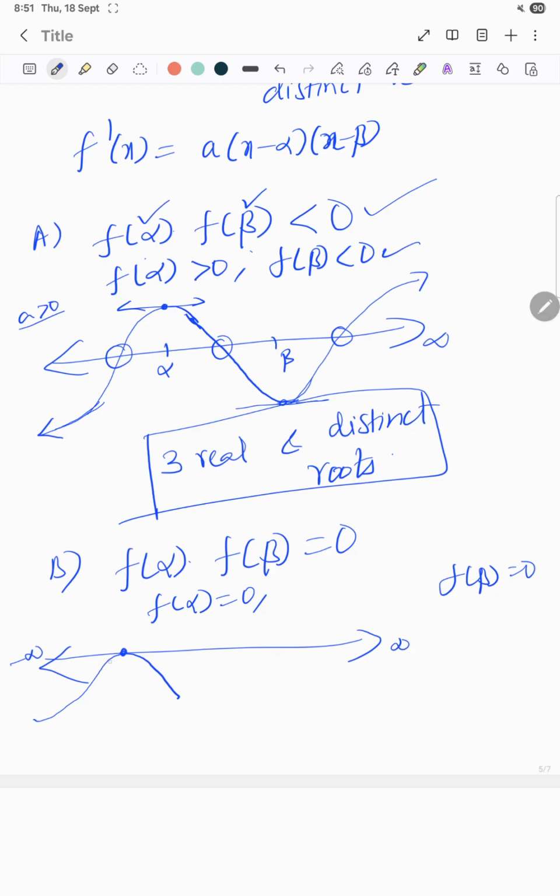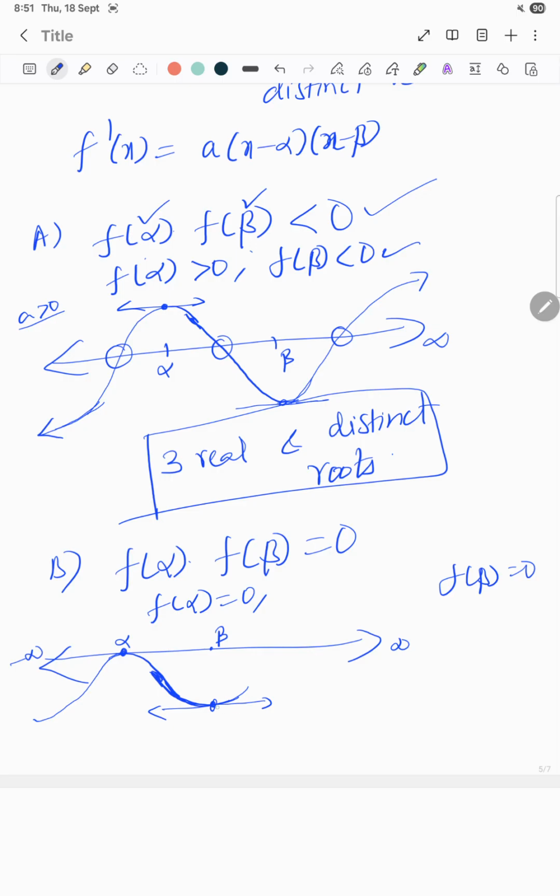So that means it will touch the x-axis at one point and it will go on, and this is alpha; suppose there exists beta. At beta also you should take the turning, because beta is a root of f dash of x equal to 0. That means there will be a tangent parallel to the x-axis at beta.